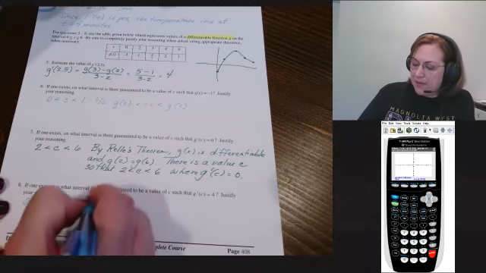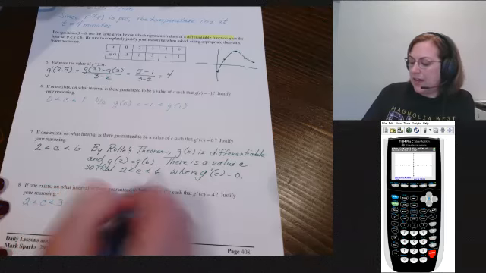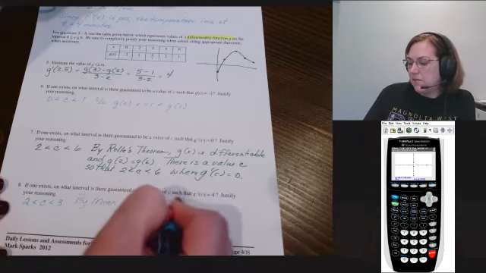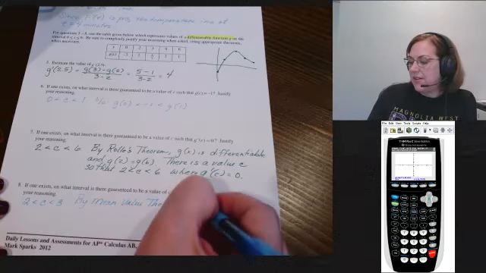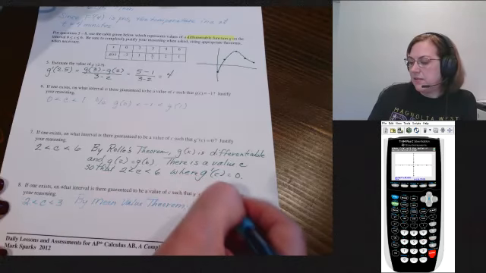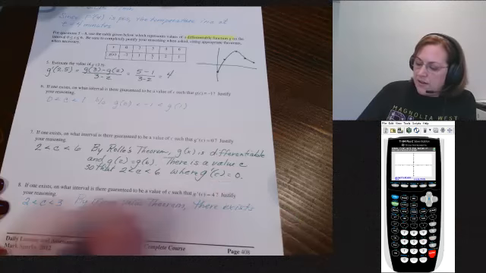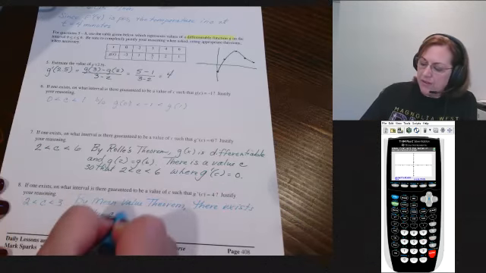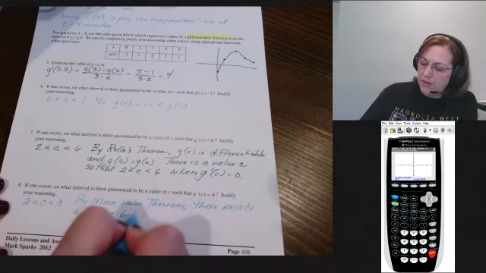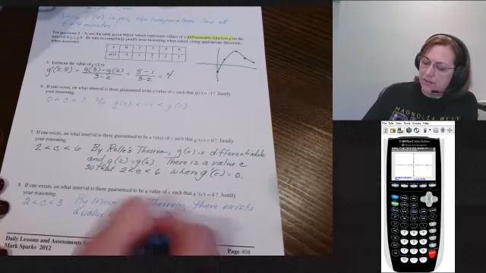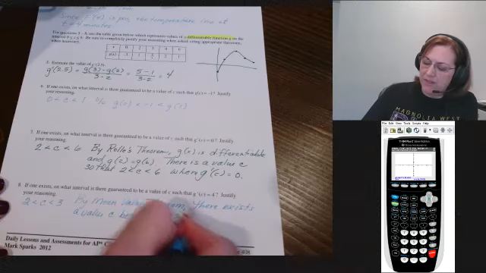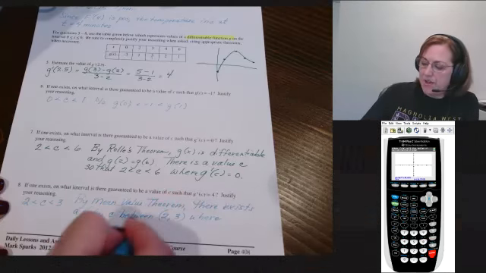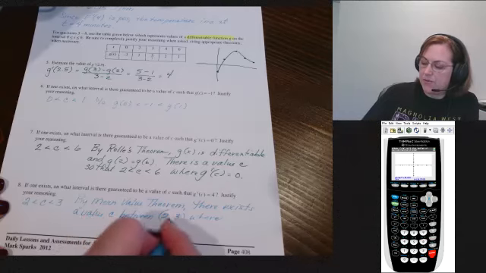By mean value theorem, go ahead and call it by name, there exists a value C between 2 and 3, where g prime of C equals 4.